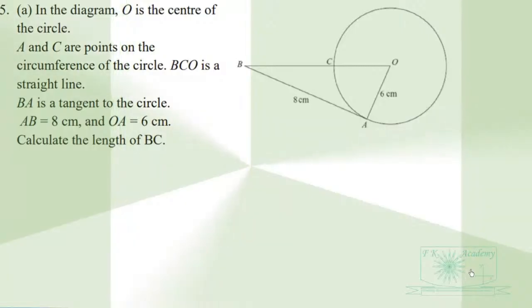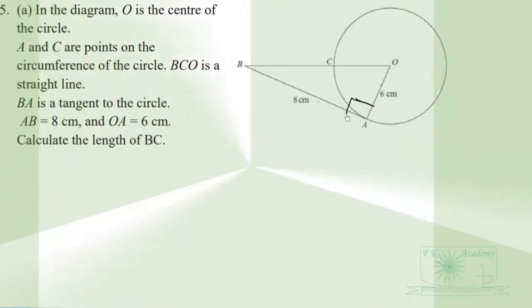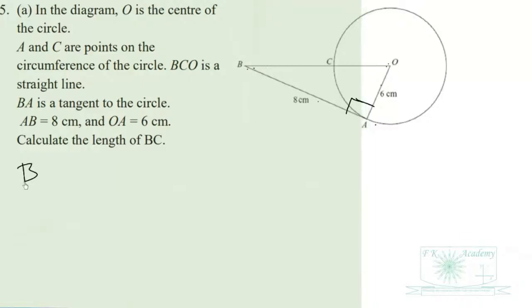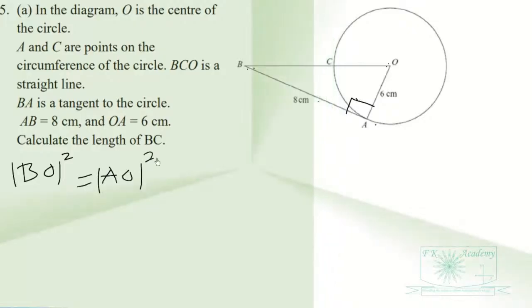So this is a tangent and this is a radius. And we know that the tangent and the radius meet at 90 degrees. So if that is the case, it means that triangle BOA is a right angled triangle. Therefore, BO squared, which is the hypotenuse, will be equal to AO squared plus AB squared.